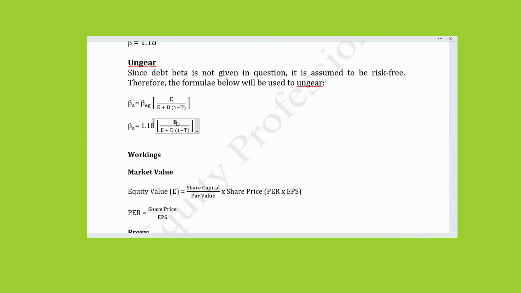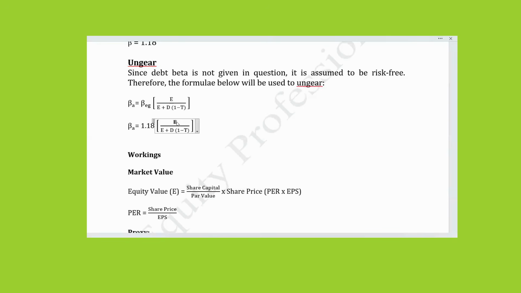At times, the examiner can define the gearing ratio to say that for this purpose, the gearing ratio is assumed to be debt over debt plus equity. That means the examiner wants you to use total value. You have done capital structure, so Mr. Ashwaju has taught you gearing ratio.